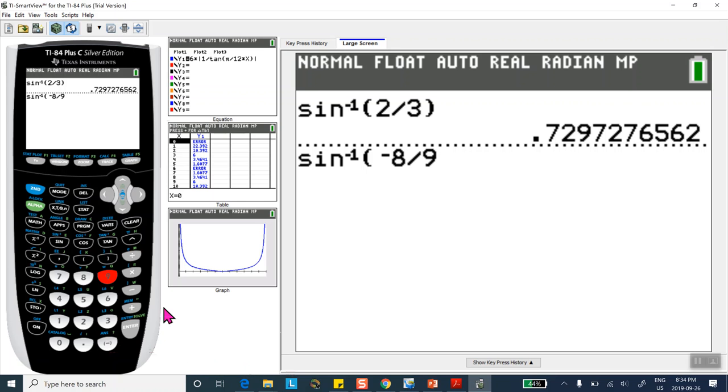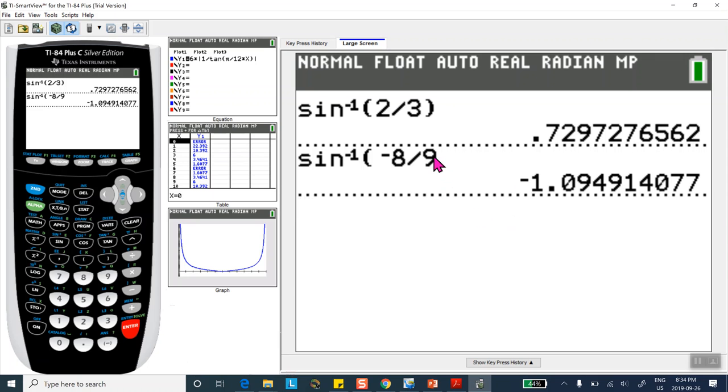I think you hit enter, and it's going to spit out the value for you right there. Now these are in radians. Incidentally, if you want to know what fraction of pi it is, for example, just look at this.